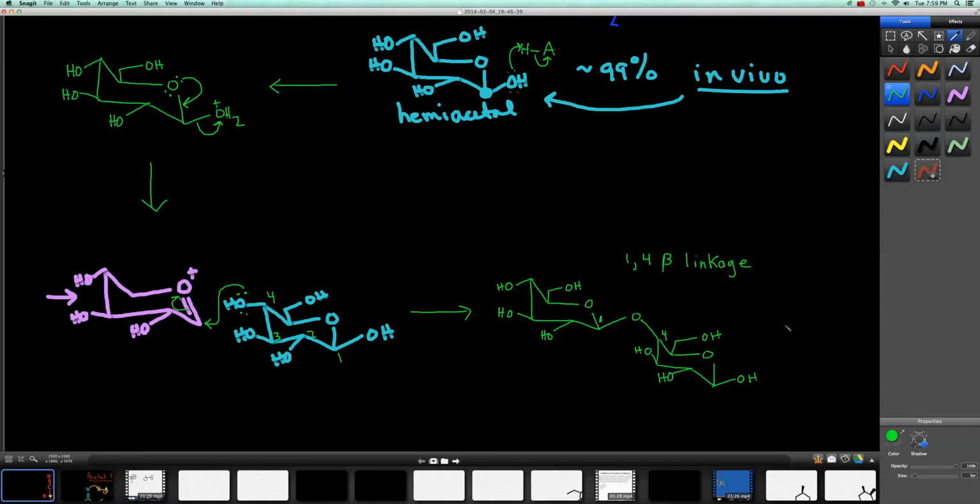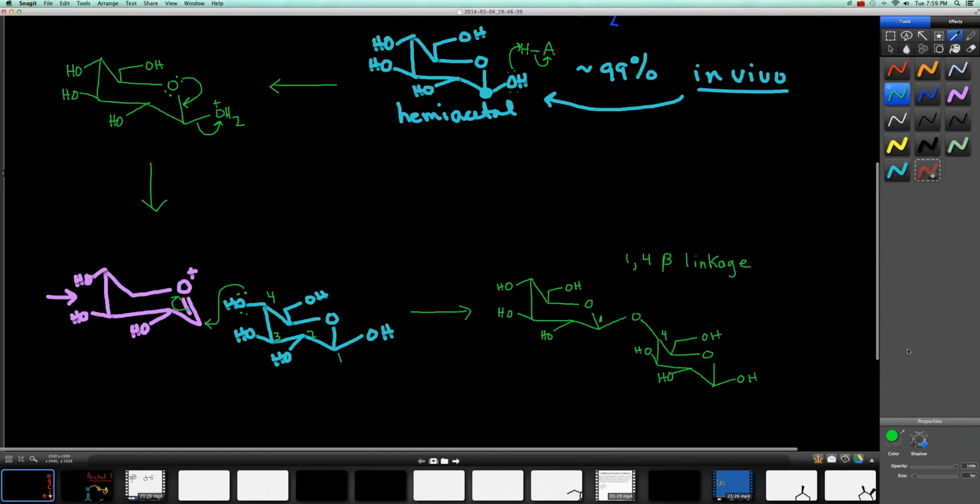Now, one of the interesting things about carbohydrates is that this carbon is no longer in equilibrium with its aldehyde. I cannot revert this back to the aldehyde. A hemiacetal, on the other hand, is in equilibrium with its aldehyde, and as long as your sugar has one residue that is in equilibrium with its aldehyde, it is termed a reducing sugar.